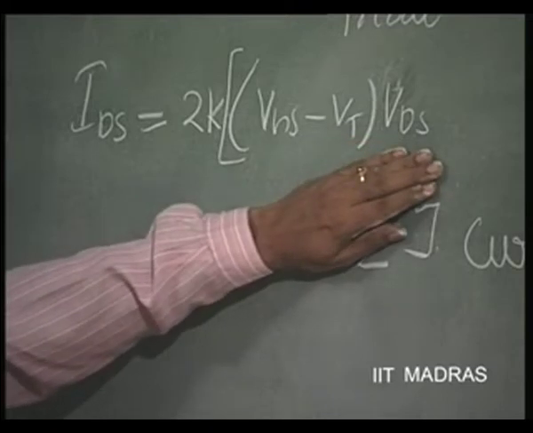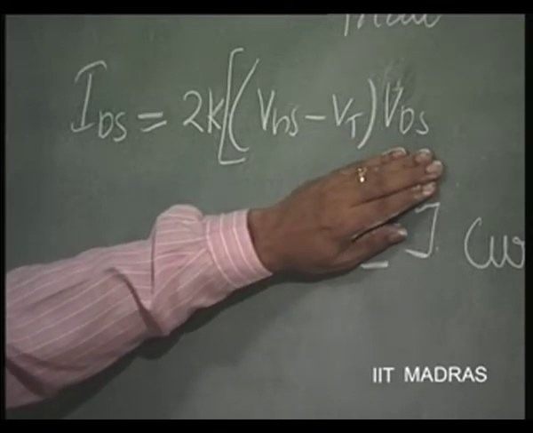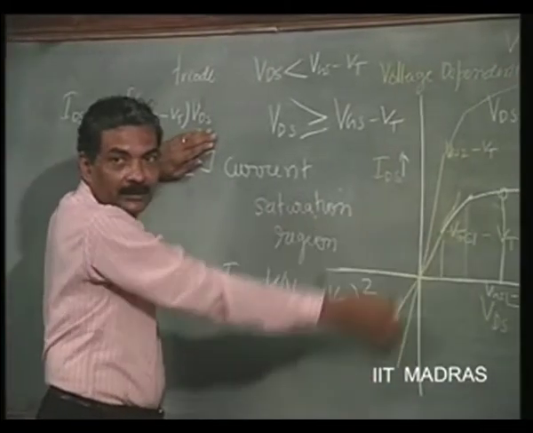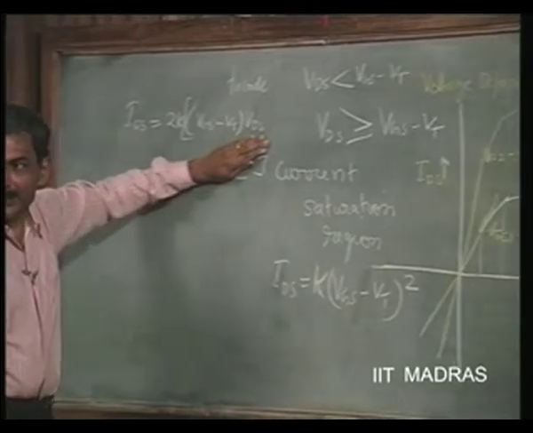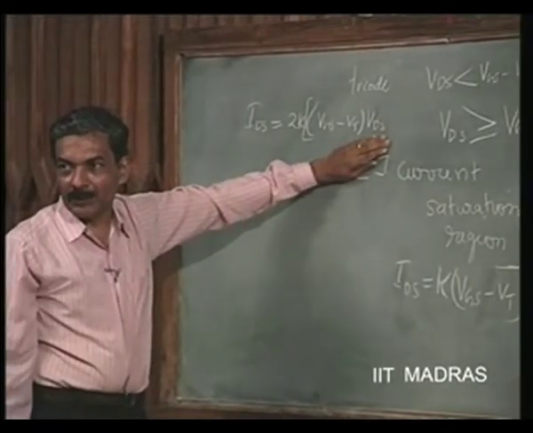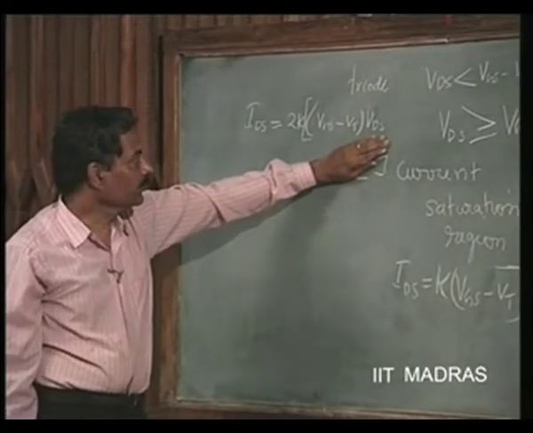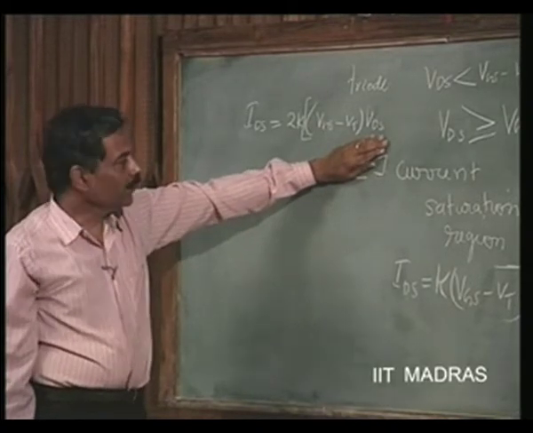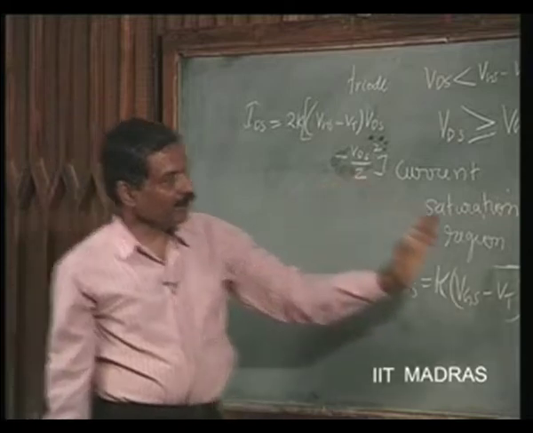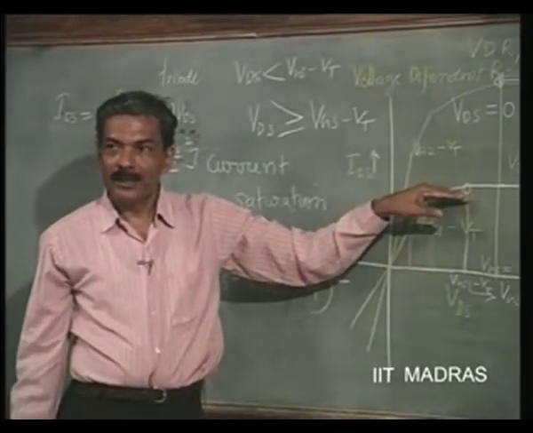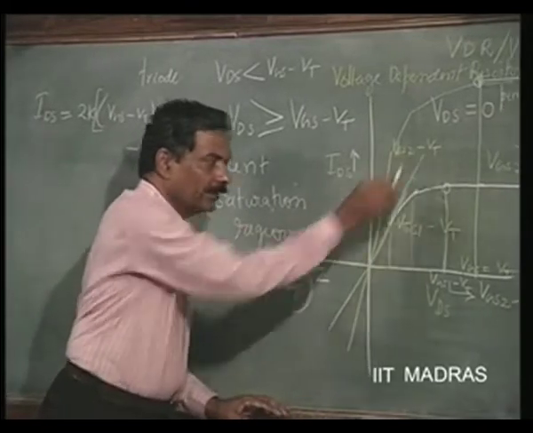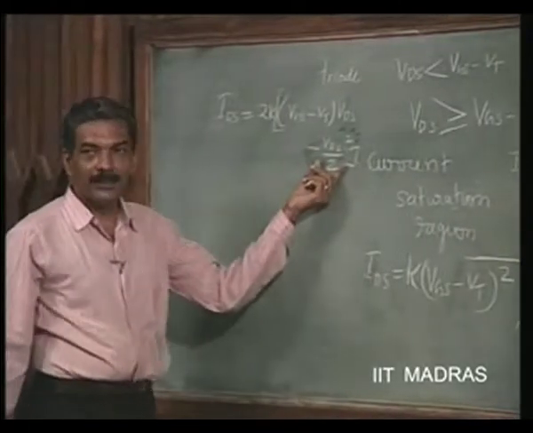There, for low values of VDS, it is directly proportional to VDS, that is, it is acting as a resistance, you can see linear. For VDS very small, it is directly proportional to VDS and also VGS minus VT. Then there is a reduction from the linearity, that reduction is a square law again.